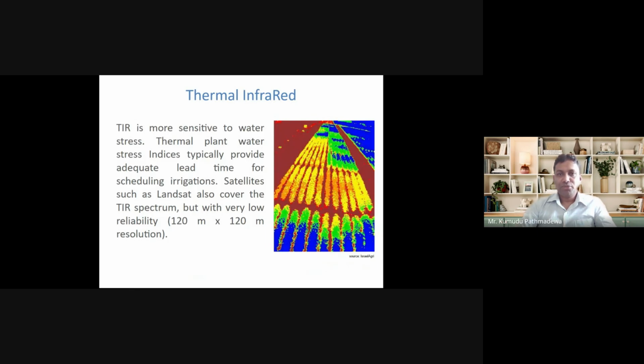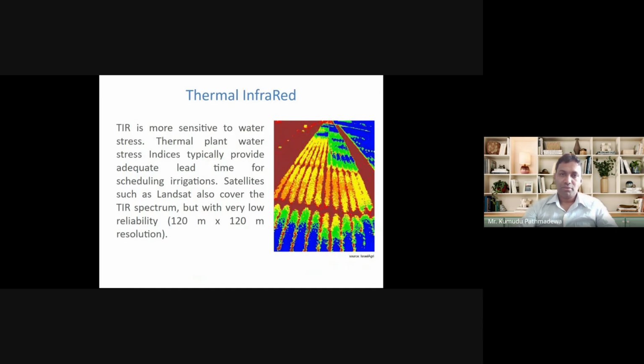Thermal remote sensing is very sensitive to plant water stress. Plants that lack water heat up faster. Satellites like Landsat have thermal infrared bands, but their spatial resolution is coarser, around 120 meters. So finer details often require drone-mounted thermal cameras.